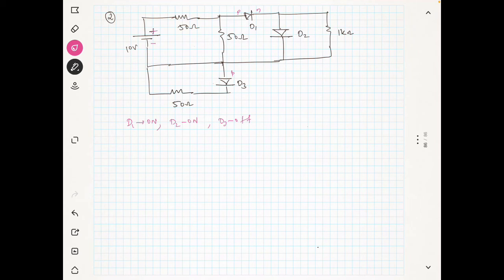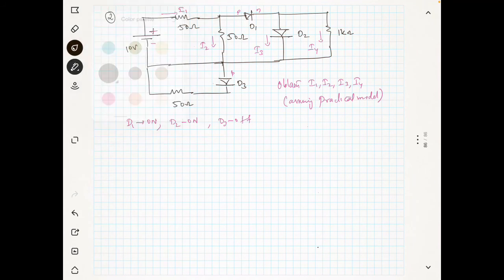So let us assume that this current is I1, this is I2, this current is I3, and this current is I4. We want to obtain I1, I2, I3 and I4 by assuming the practical model.